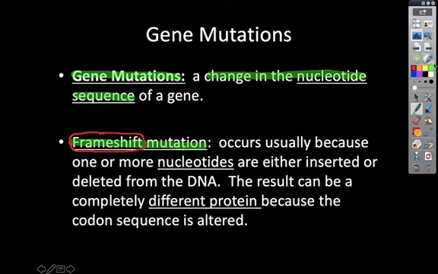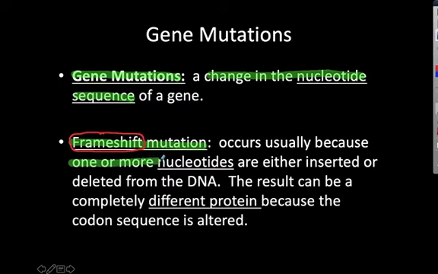And that happens because one or more nucleotides either gets deleted or inserted into the sequence. Because those nucleotides are read three at a time, if you insert an extra base or you take one away, then it shifts the whole reading frame.